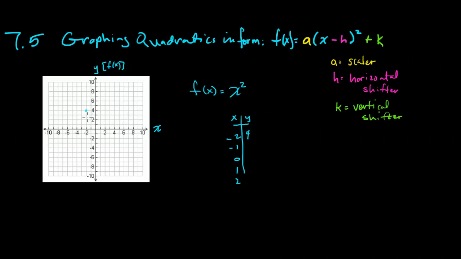Let's do that in the darker blue so we can see it better on the white. Now, if x were -1, -1 times -1 is 1. So once again I will go over to -1, and then I will go up 1, and I'll make another point there. 0 is easy because 0 times 0 is just 0. So I'll have another point at the origin 0, 0.